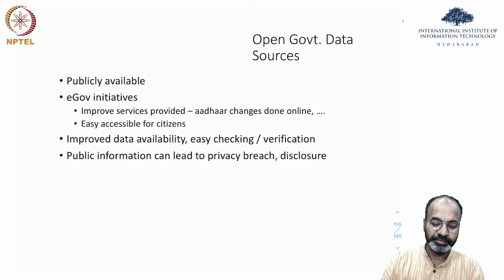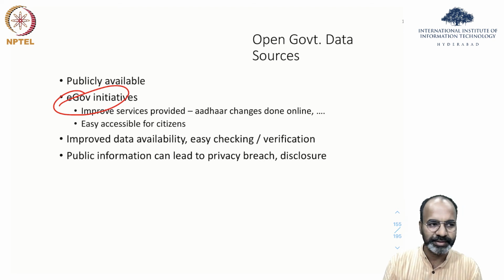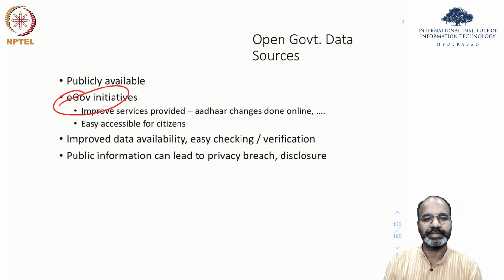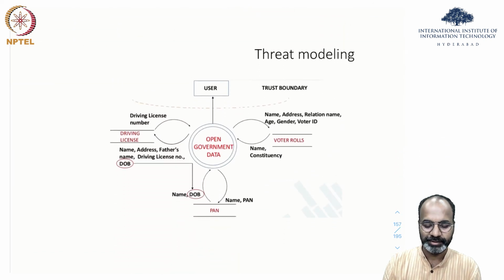The advantage of a government source is that it has to be right. And why does the government make it public? E-government initiatives: they want to make sure it's easy to access. Citizens have this information handy. They can know what is happening, and they know what details about them the government has.